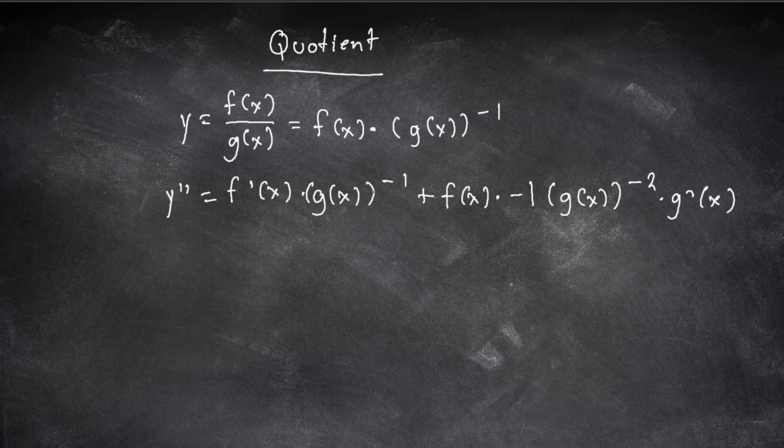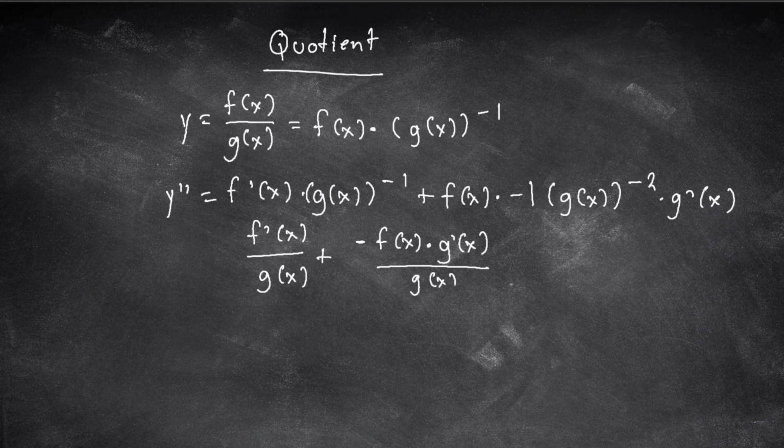So this simplifies down to, if you want to get rid of the negative exponents, the derivative of f of x divided by g of x plus negative f of x times our derivative of g of x, divided by g of x squared. So we could combine this fraction by multiplying both by g of x.